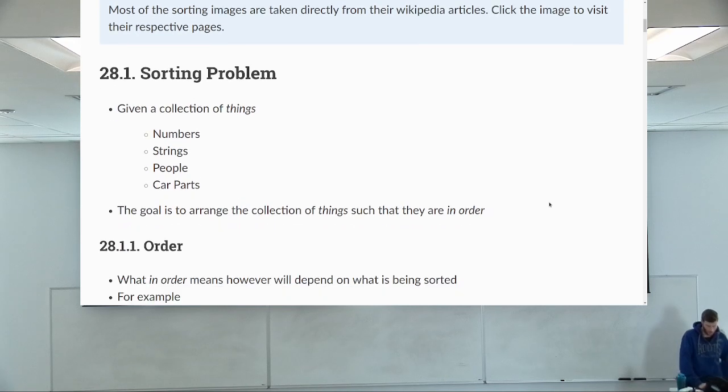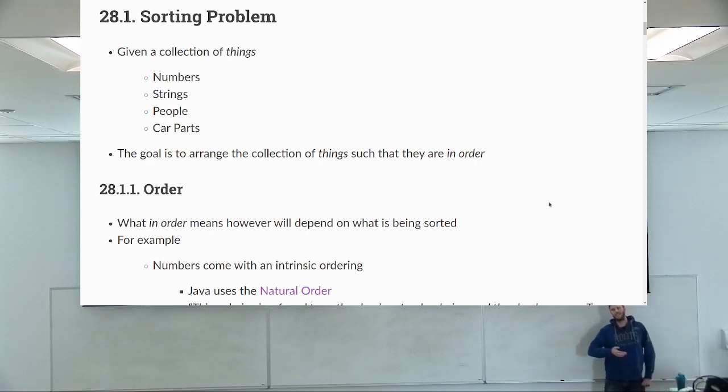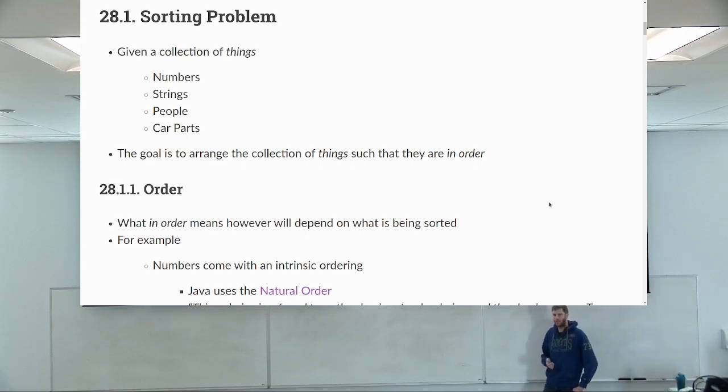So, sorting problem. Given a collection of things, I don't care if they're numbers, strings, people, car parts, whatever. The goal is to arrange that collection of things such that they are in some order that we want. The order we want depends on what we're doing. So if I say sort these numbers in ascending order, okay, you know what that means, right?